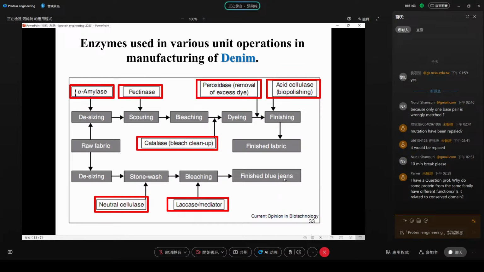So that's another reason companies will use a lot of enzyme in this kind of manufacturing. And this kind of enzyme definitely will not be used in the normal condition, normal buffer, normal optimized pH.